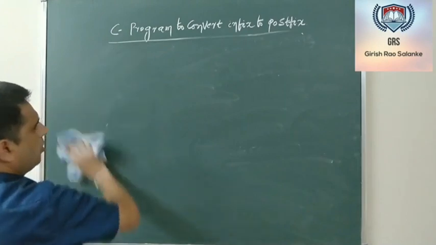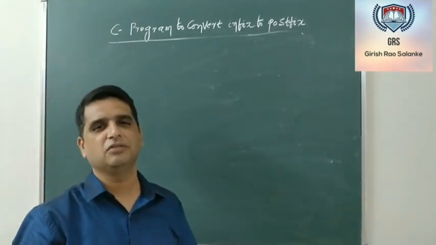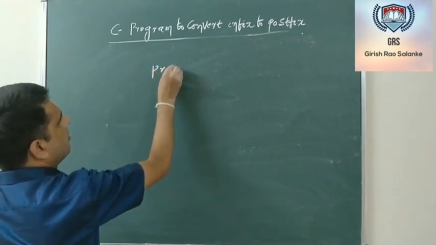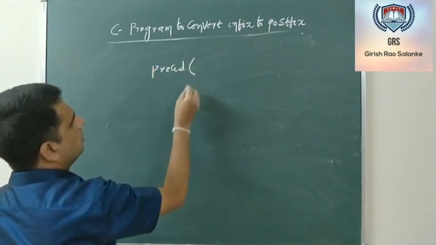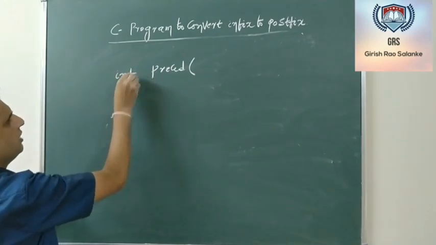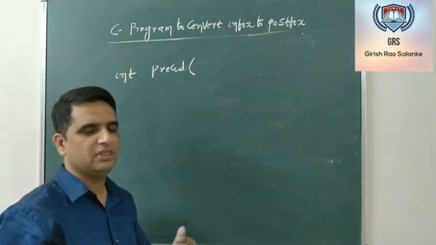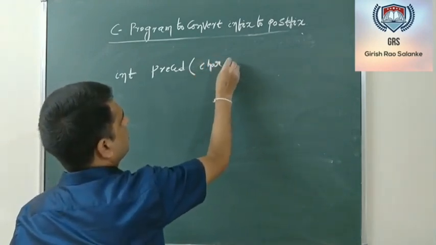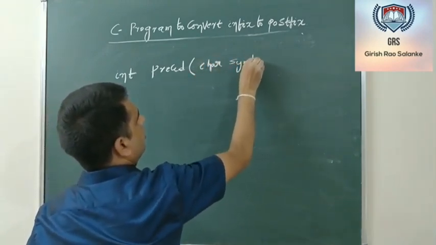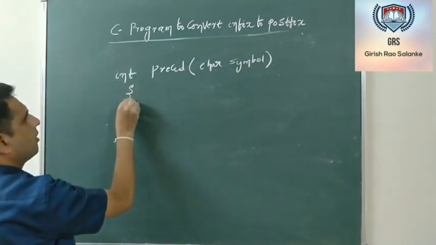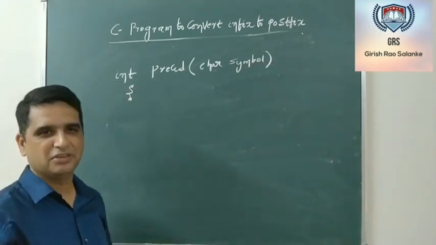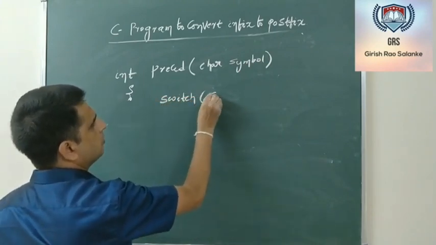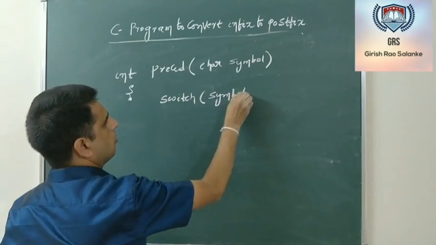One more function to hold the precedence for each of the operators, function name precede. I should associate an integer number with each of the operators. The argument is char symbol. We'll write a simple switch statement, switch symbol.